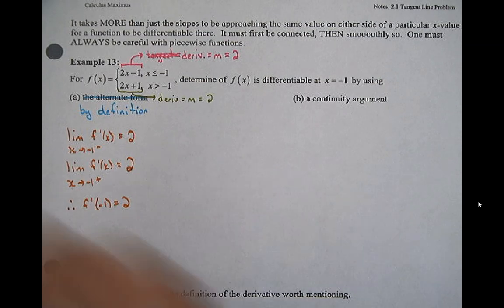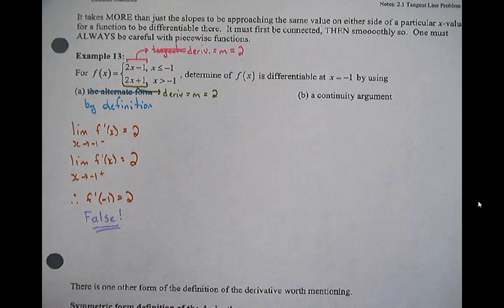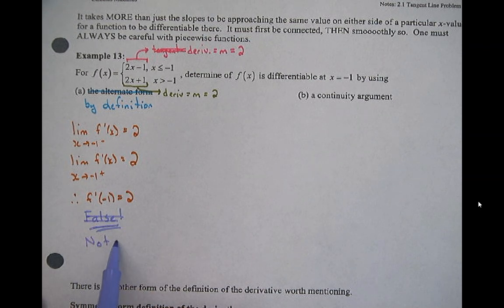No, this is false. Wait a minute, if the one-sided limits equal the same thing, then that's the derivative, right? No, not quite. You first have to prove continuity. Or maybe I shouldn't write false. Instead of that, maybe I should write not necessarily.